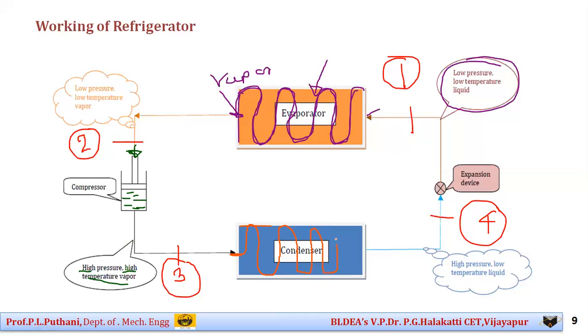But this set of coil tubes is placed behind the refrigerator, outside of the refrigerator, and it is exposed freely to the air. When the high pressure, high temperature refrigerant vapor passes through these condenser coils, the surrounding atmospheric air absorbs the heat of the refrigerant vapor present in these tubes.